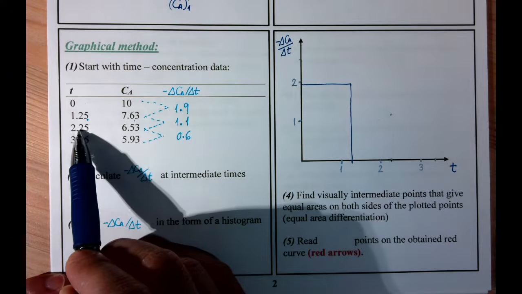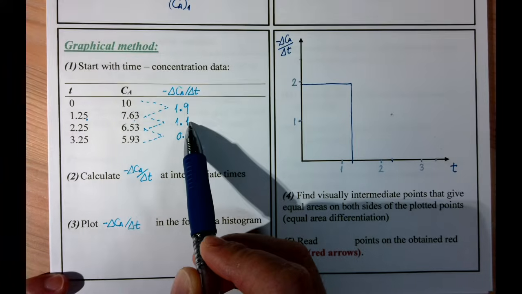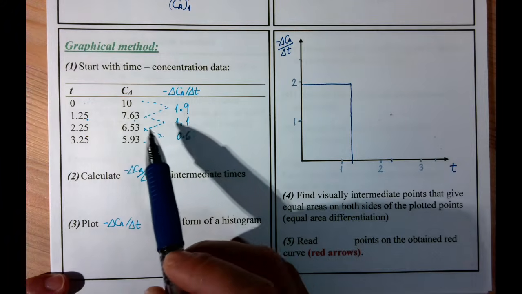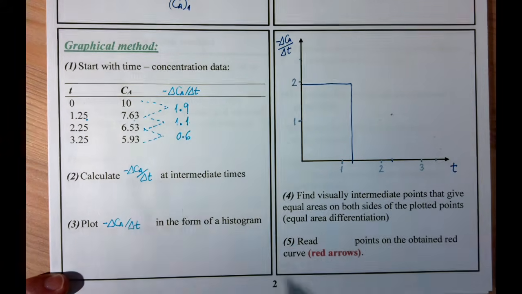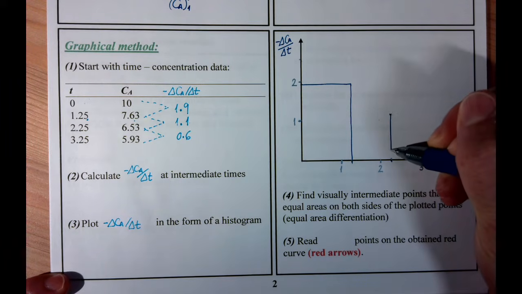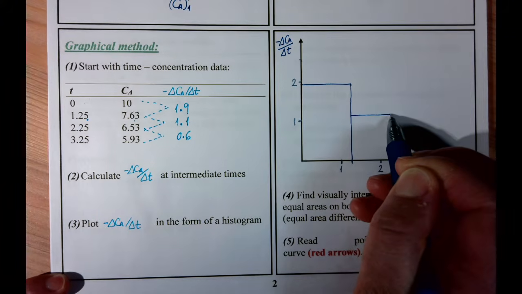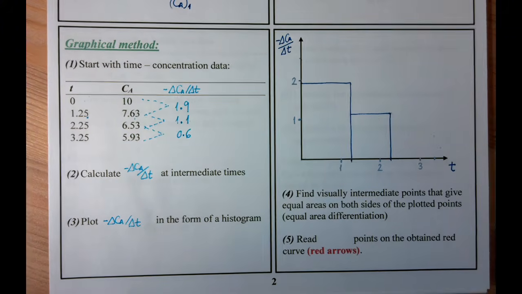And for this time of 2.25, the delta Ca delta T that you're obtaining is 1.1, so you'd go up to around 1.1 and draw the histogram.